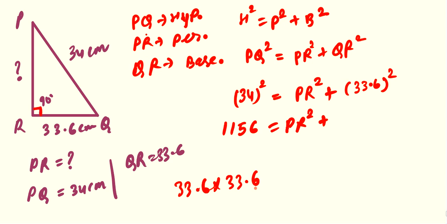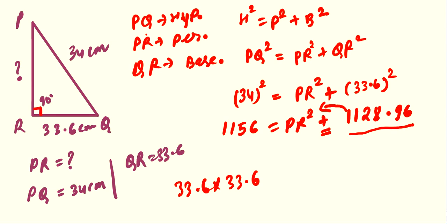So multiply this and you will get 1128.96. Now you have to find PR square. So for that you have to transpose this value 1128.96 to the left hand side.